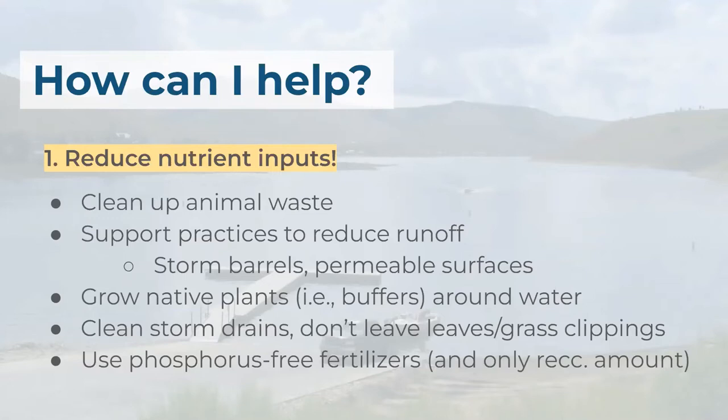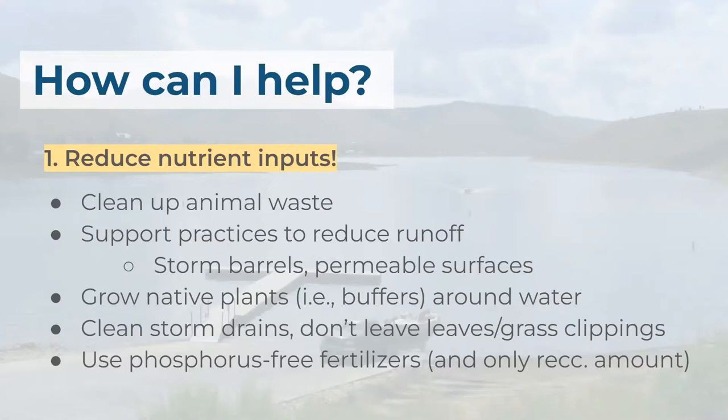As well, cleaning up your grass clippings, leaves, etc., reduces that nutrient input. And then finally, when it comes to your lawn or gardening or plants, making choices to use phosphorus-free fertilizers is a great contribution. Or also just making sure you're only using the recommended or the minimum amount of fertilizer so there's not excess to run off into water bodies.